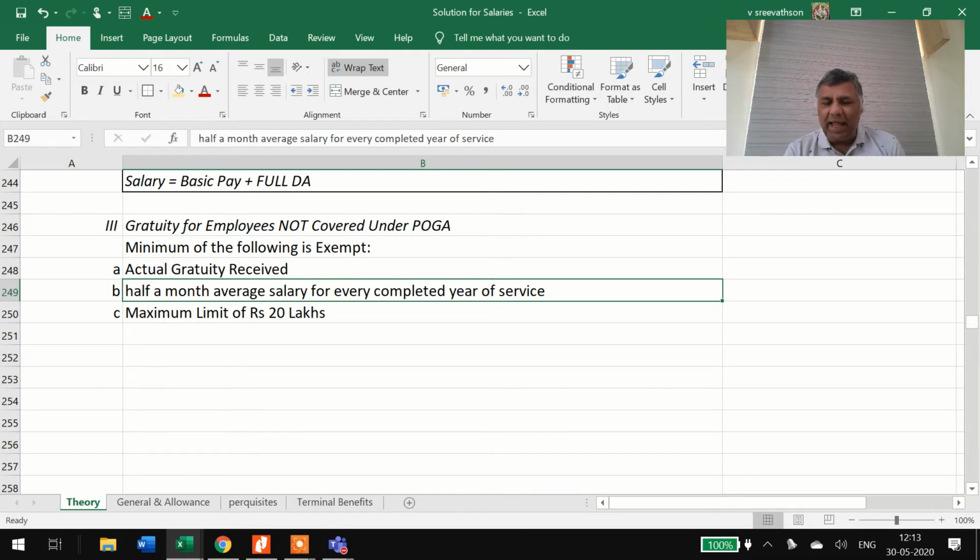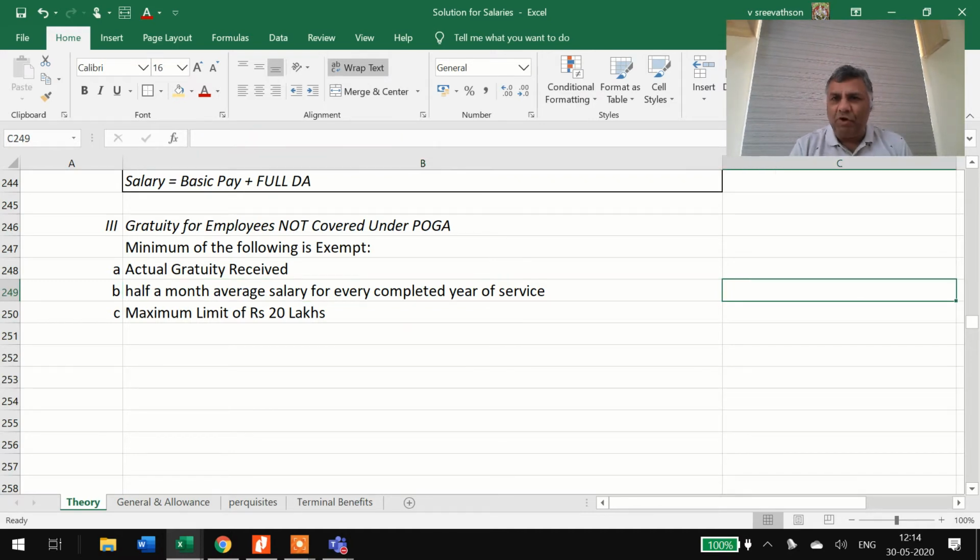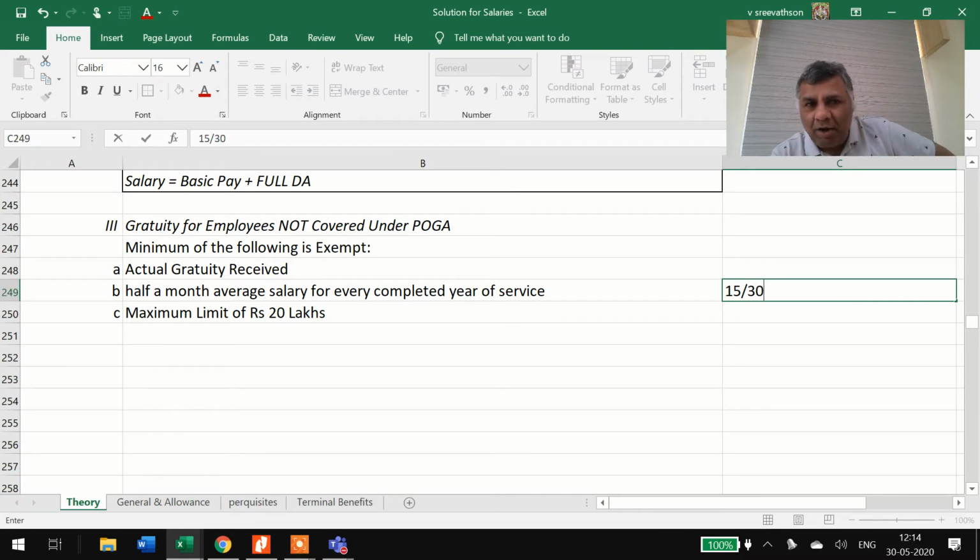So under that again, explanation to condition B. Friends, as a formula I am writing, it starts with the word half a month, 15 by 30, 1 by 2, half a month into average salary.